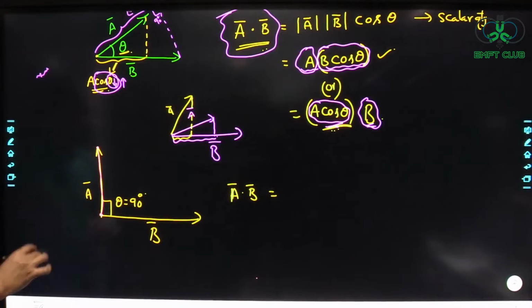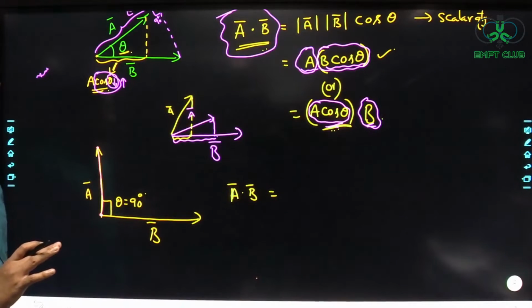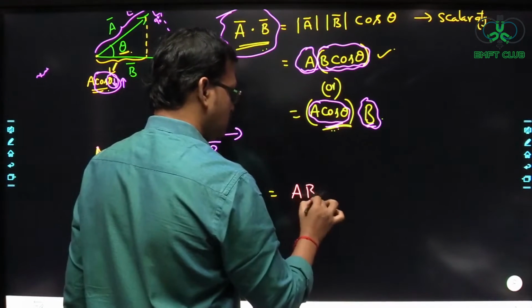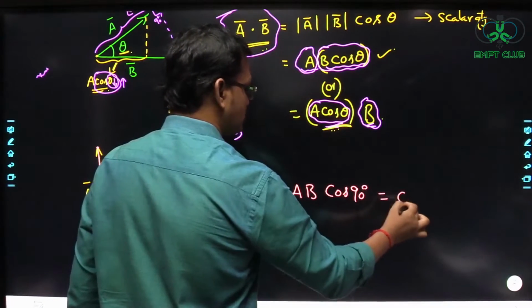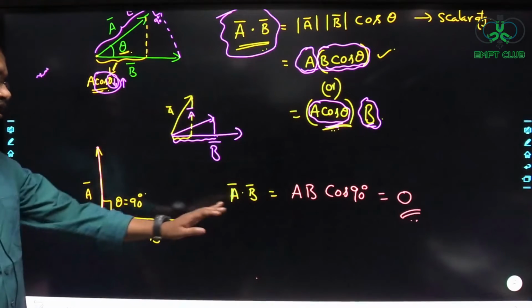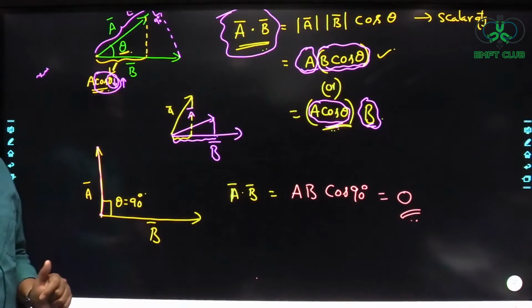Isn't it? Okay, so that means there exists no component of A bar along B bar, and hence in this case A bar dot B bar will become equal to 0. So what you are going to get here? This is A into B into cos 90 degrees. Cos 90 is 0. Right? Okay, so the dot product value will become equal to 0 when theta equal to 90 degrees.